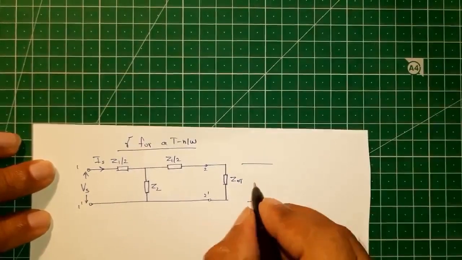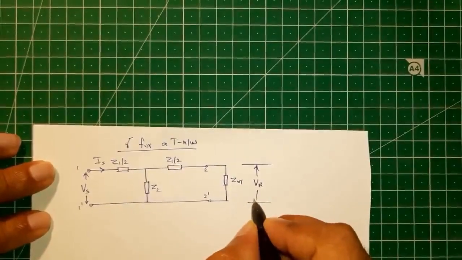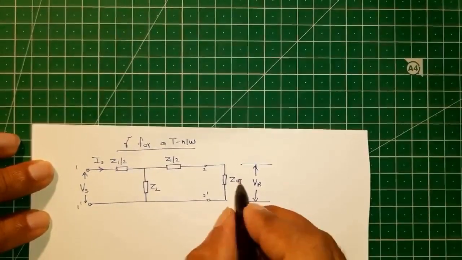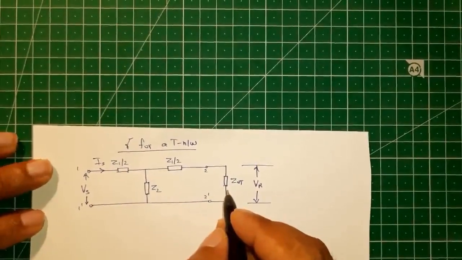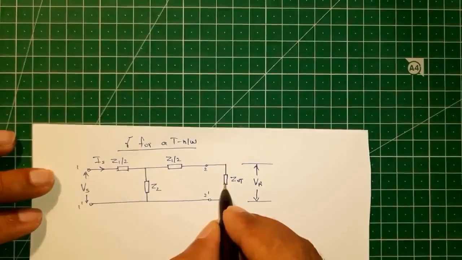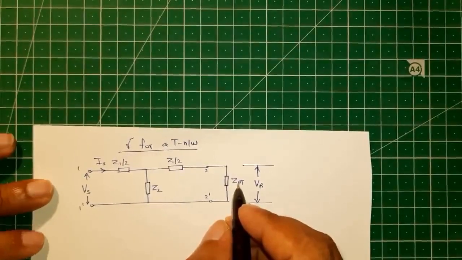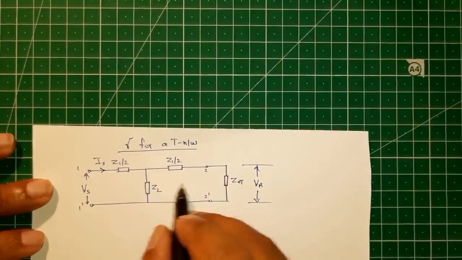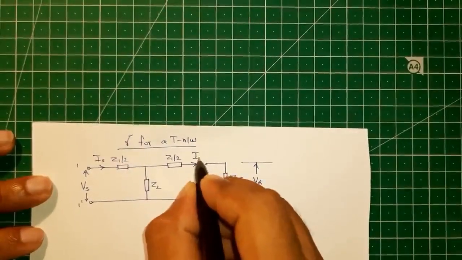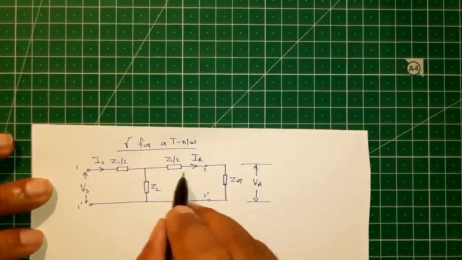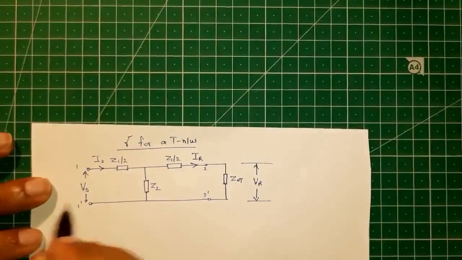So we have the receiving end voltage VR across the load, which is the characteristic impedance in this particular case. So this network is properly matched. That is, we are attaching the characteristic impedance Z naught of this T network at the receiving end, and IR will be the receiving end current, that is the current that is going to flow through this load.